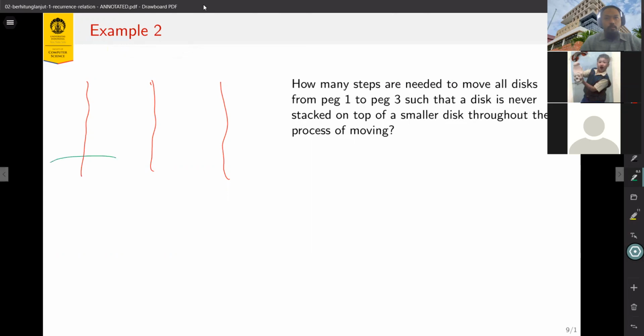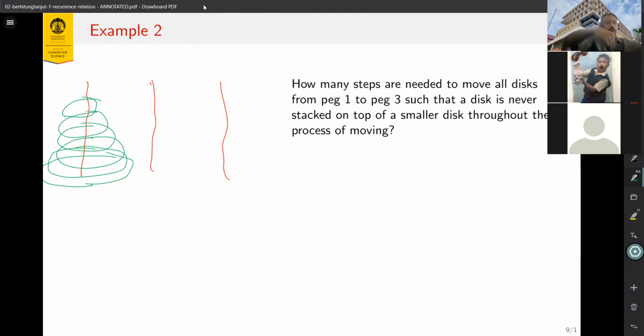For example, 6 discs: the first, the second disc smaller, then smaller, and smaller. You put these on the peg.